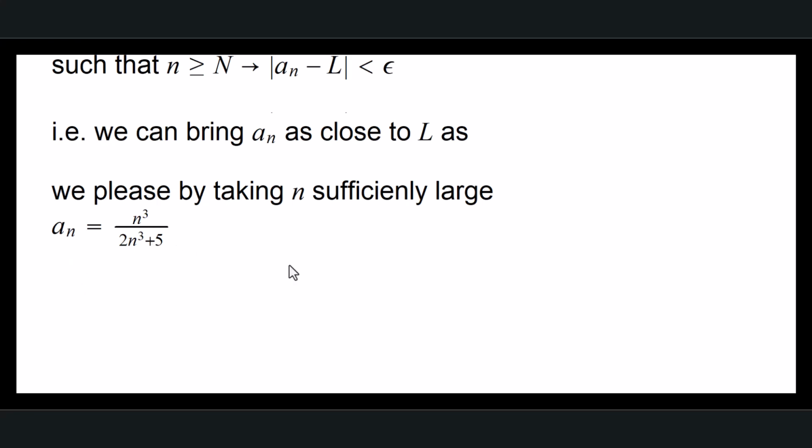Now here, even from pre-calculus, we know that as n goes to infinity, the limit is how much? 1 over 2 here. Or you can use L'Hopital on the continuous version of this, or continuous description of this.